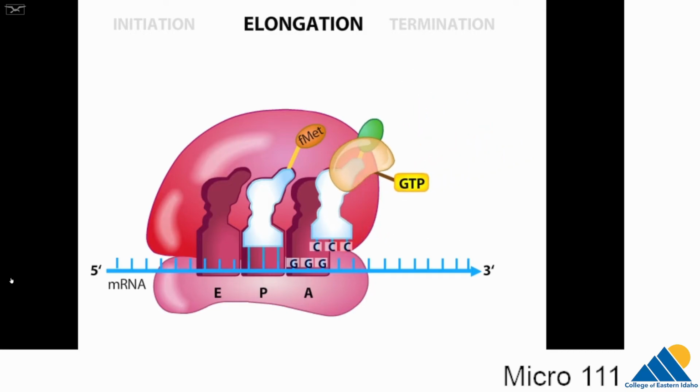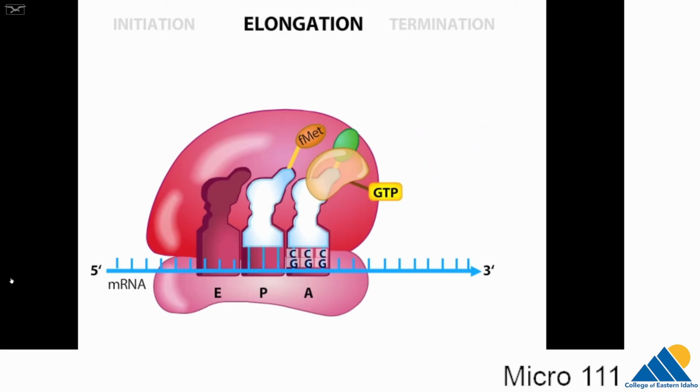This complex enters the A site. Correct selection of the tRNA complex depends on codon-anticodon pairing. Here the anticodon CCC pairs with a GGG codon. GGG codes for the amino acid glycine, which this tRNA carries.